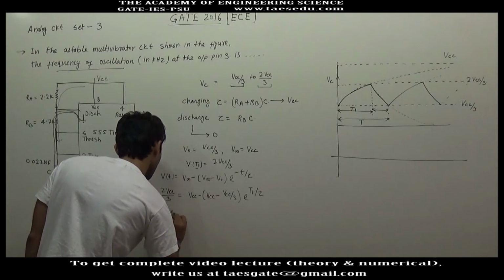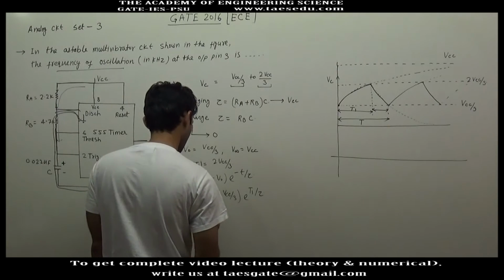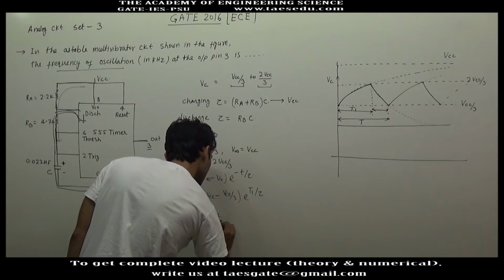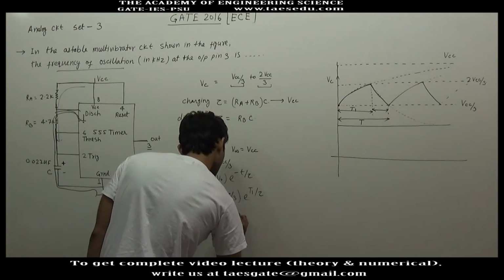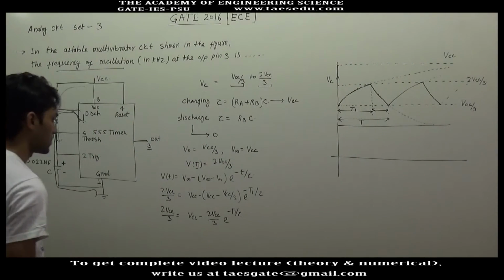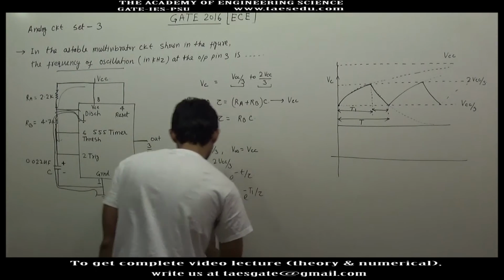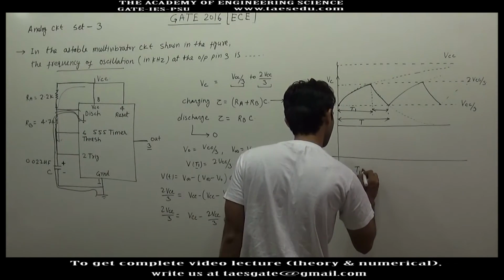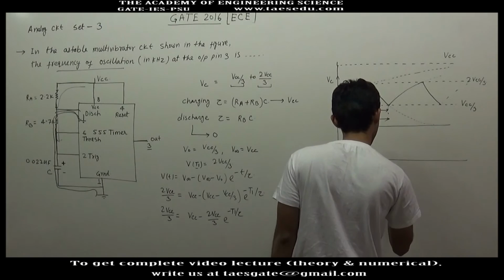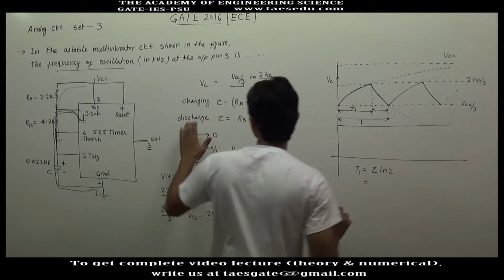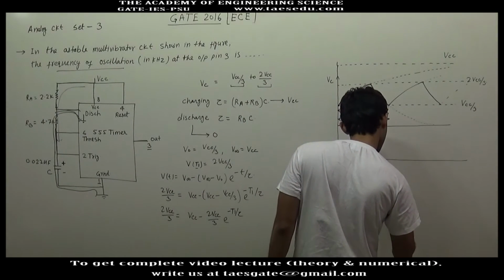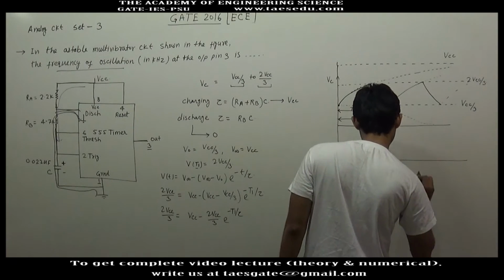This will be 2 VCC by 3 equal to VCC minus 2 VCC by 3 into e to power minus t1 divided by tau. So from here t1 will be tau into ln2, and tau, the charging time constant, is RA plus RB into C. So T1 is (RA + RB) C ln2.